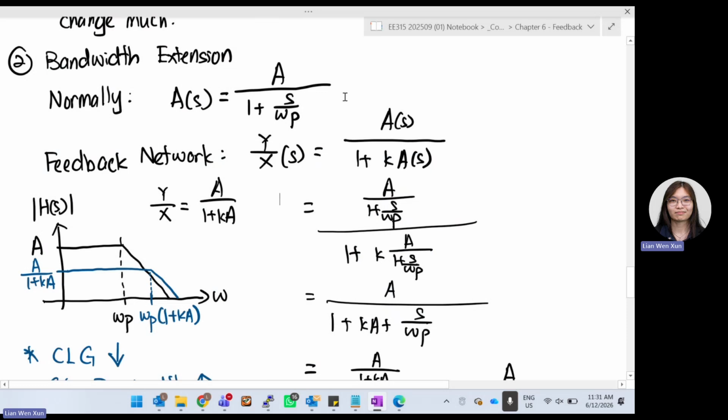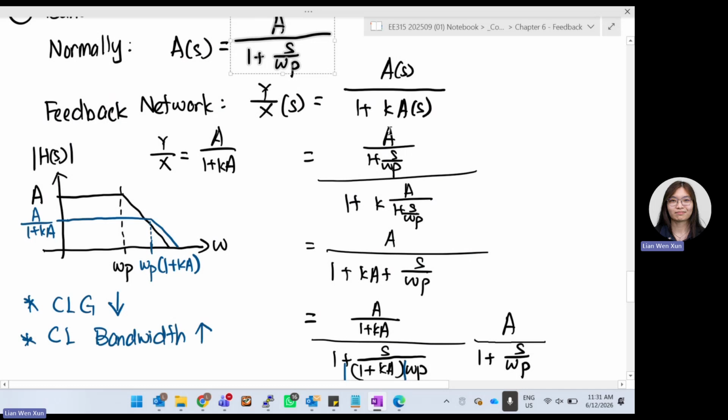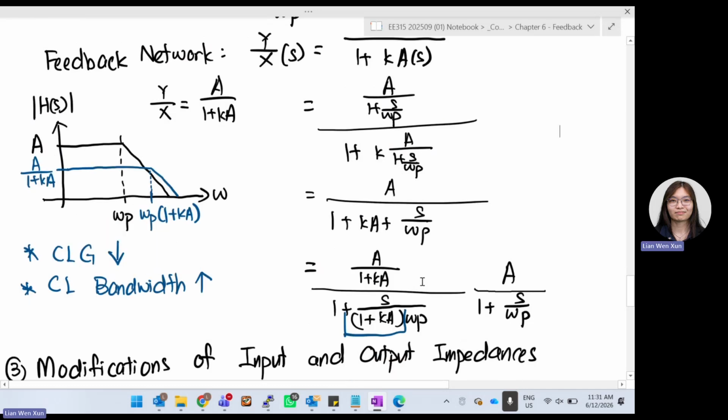So what exactly is A(S)? You plug in A over 1 plus S over omega P. You rearrange, and you get A over 1 plus KA plus S over omega P. Rearrange again, and you get A over 1 plus KA divided by 1 plus S over omega P times 1 plus KA.